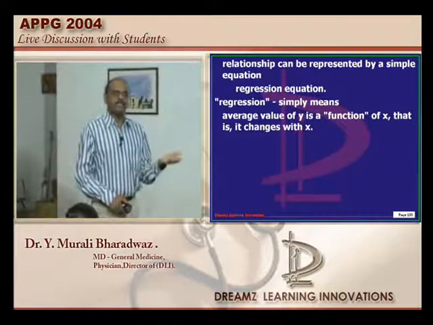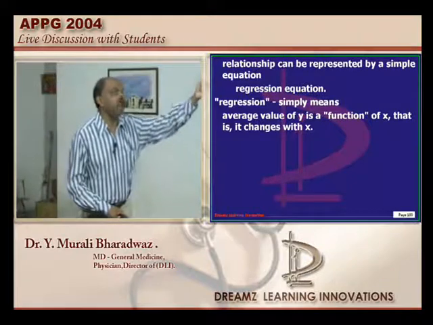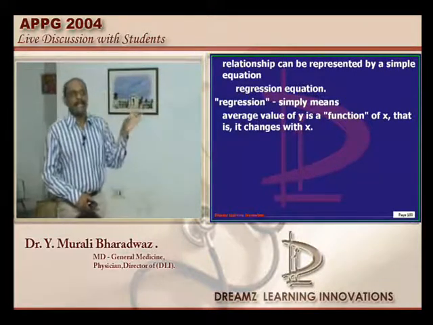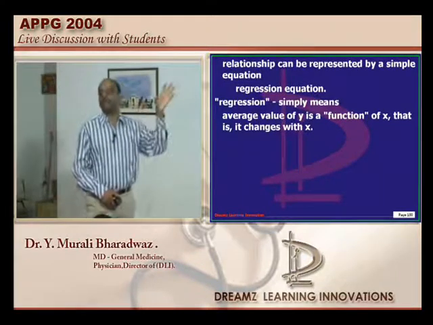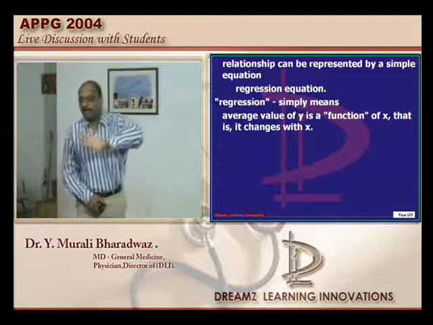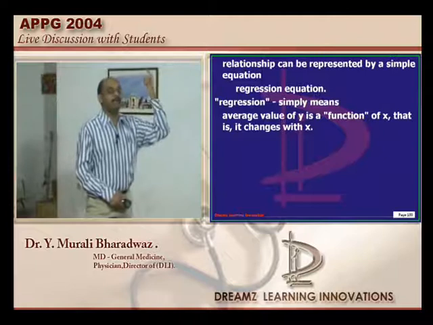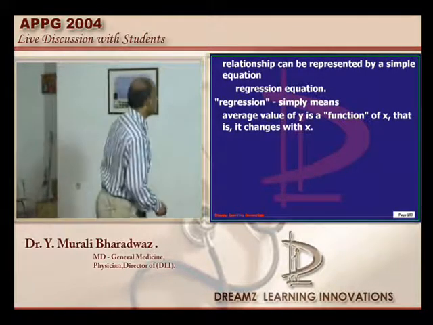That association is spoken by correlation. So correlation is more of a qualitative term and regression is more of a quantitative term, where if the independent variable is changing, how much the dependent variable is changing, that is called regression, is what I want to underscore to all of you.